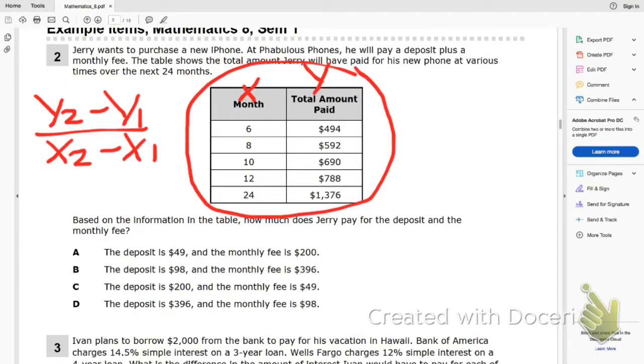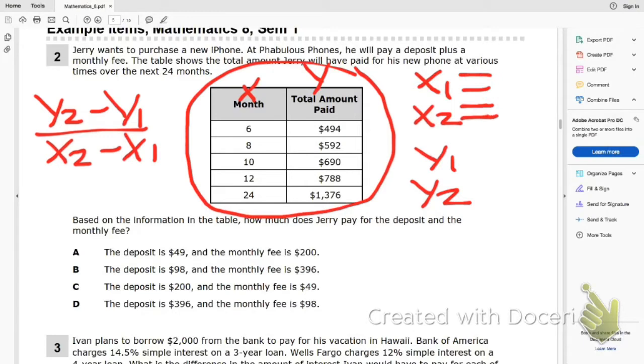The easiest way to approach this is to list off the numbers. So we have x1, x2, y1, y2. Again, using the table, we're going to find each one of these.